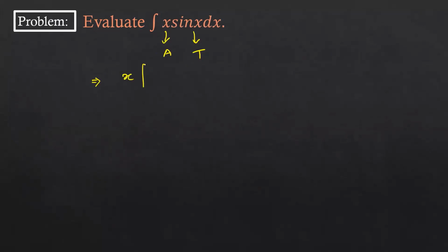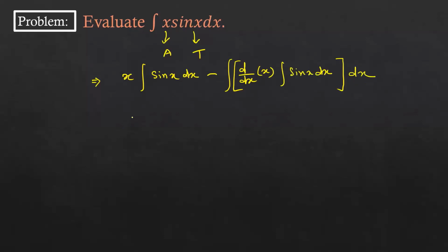That means you have x and then integration over sine of x dx, minus, and then you perform d/dx of x. Again you have to perform integration over sine of x dx.